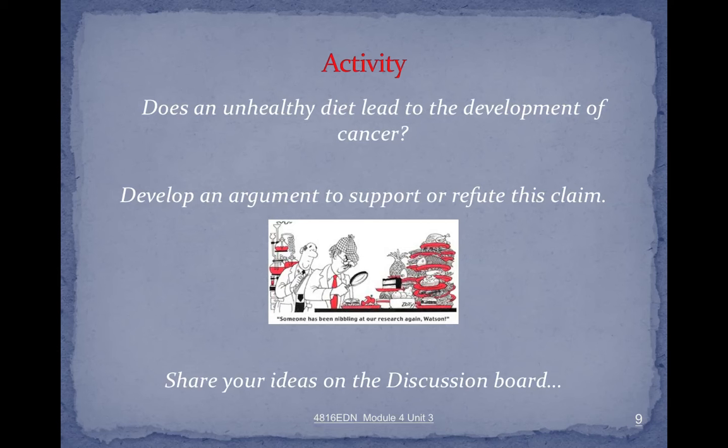I'd like you to develop an argument to support or refute this claim based on everything we've talked about in this module. We know how to structure an argument, we know what to look for in media reports, we know how to critically evaluate. So I'd like to see what you think based on that, and I'd really like for you to share your ideas on the discussion board.